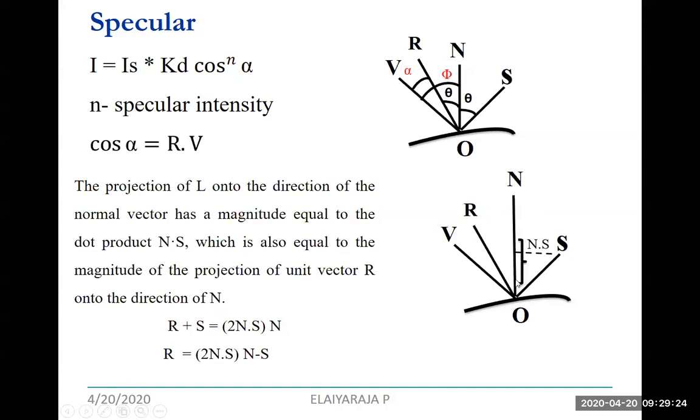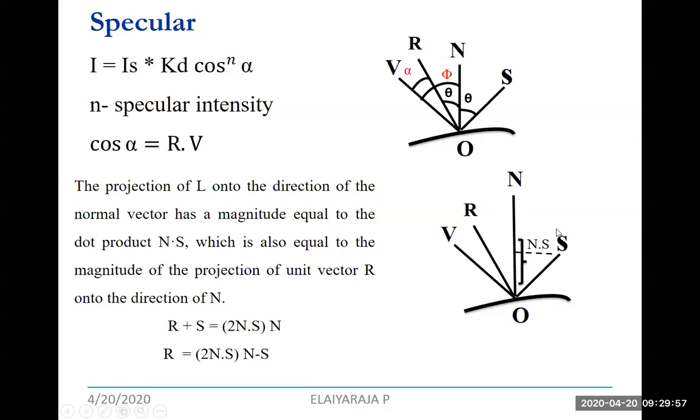So the value between the light source and the normal vector is theta, and the same mirrored value is considered for your reflection vector, correct? So the magnitude of the projection of unit vector r onto the direction of your normal vector.